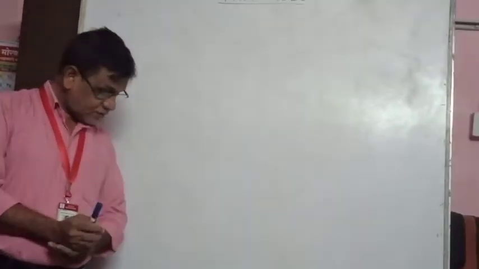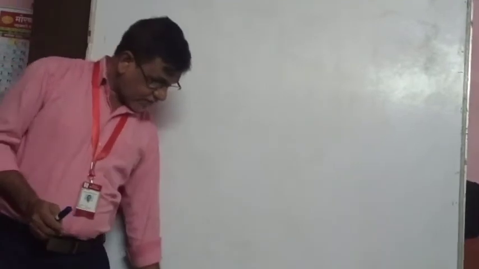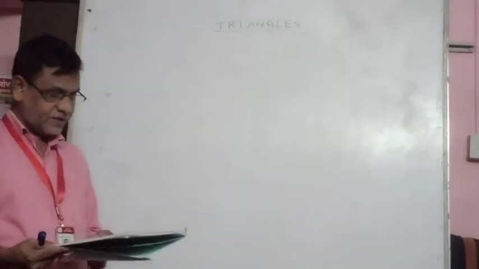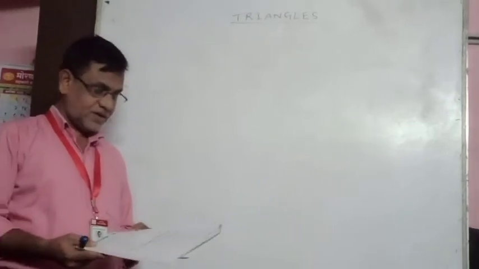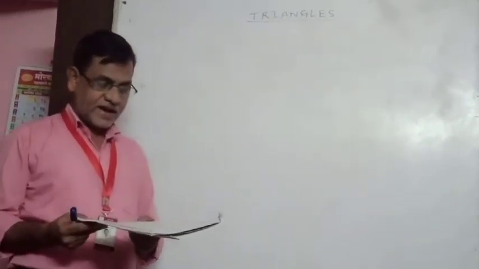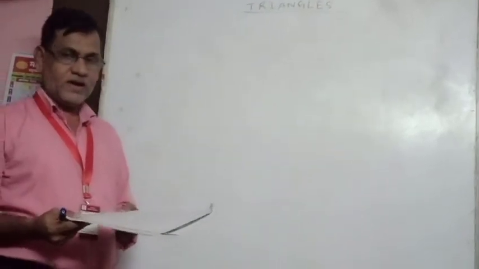Now we go to the next sum, exercise 3.4, sum number 4. The given sum is prove that an equilateral triangle is equiangular.